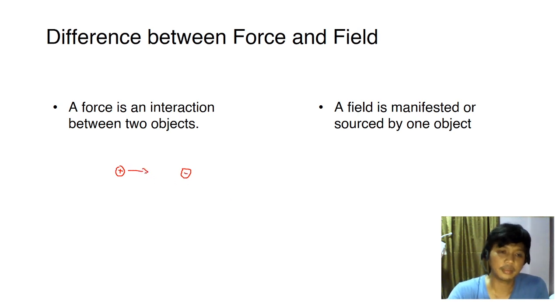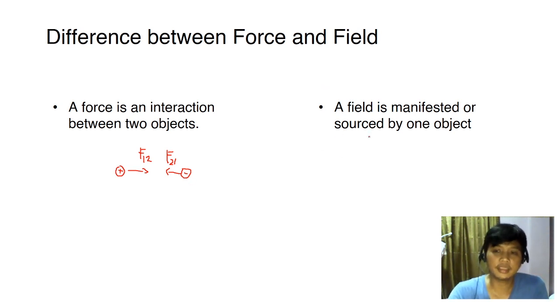In this case, the force is attractive. There's a force on object 1 due to object 2, and a force on object 2 due to object 1. In any case, forces always come in pairs. It always involves two objects.